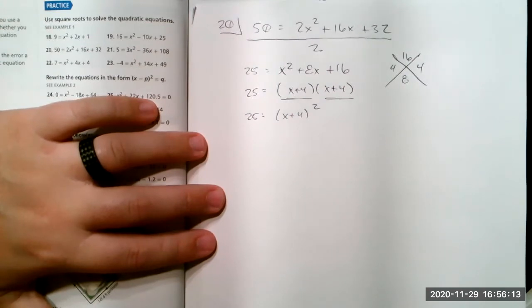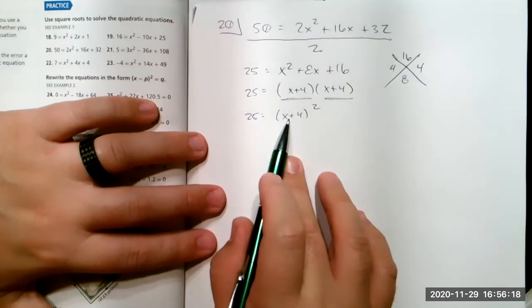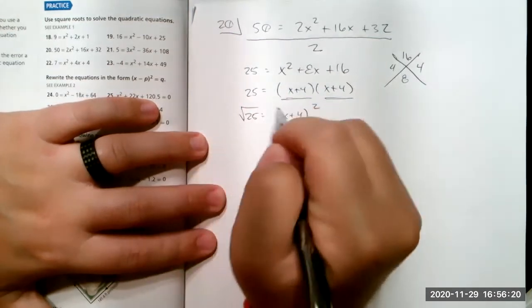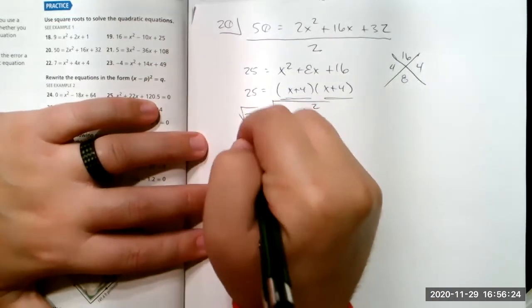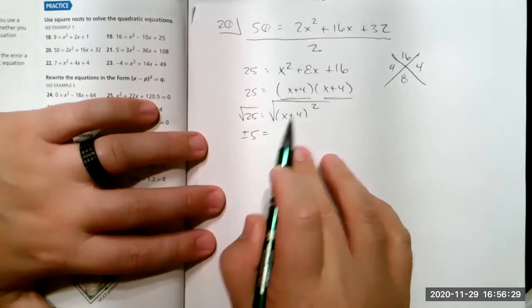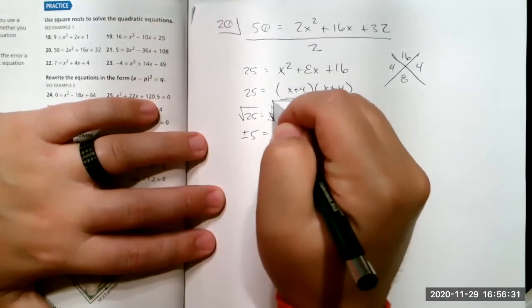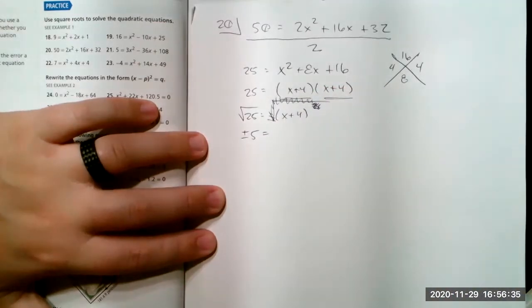So here's that idea with this unique type of problem where the left side is a perfect square and the right side is a perfect square. I can take the square root of both sides. The square root of 25 is positive or -5. The square root of x plus 4 squared, remember what's happening is you're taking that square root and that square and they're kind of canceling each other out.